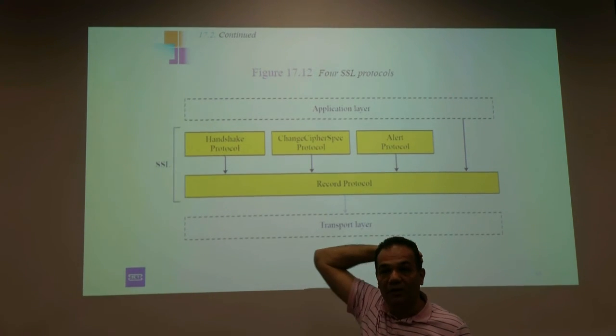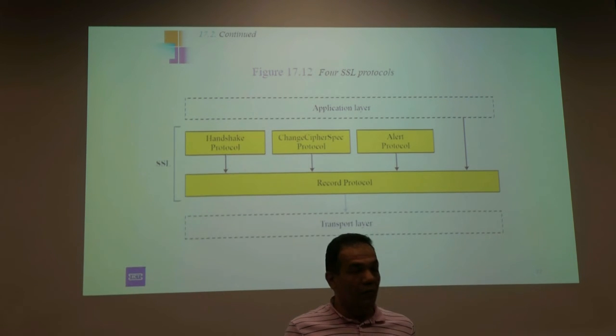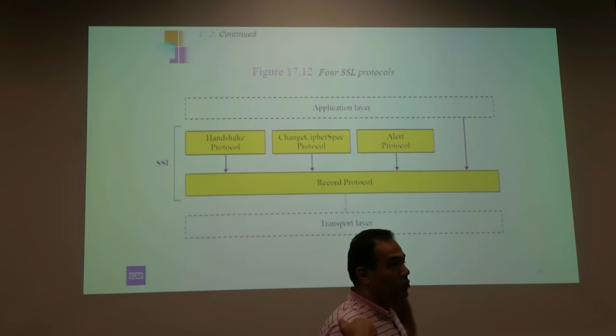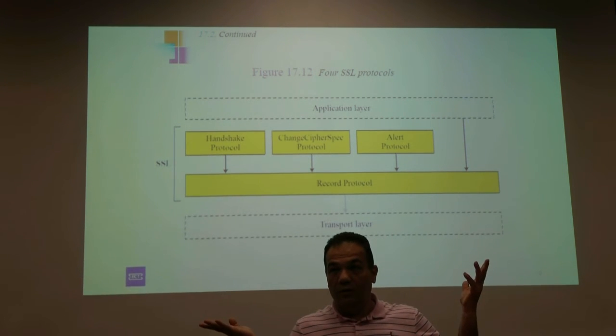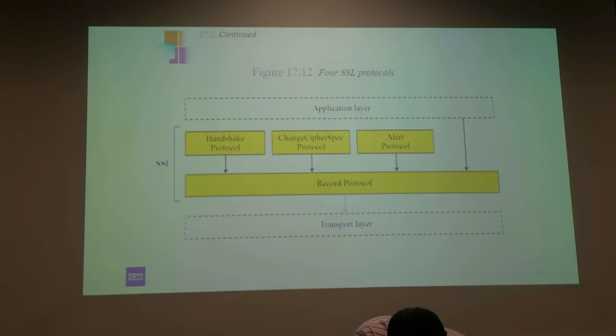Coming from 4 places, all of it is put together in the record and sent to the transport layer, which is TCP.